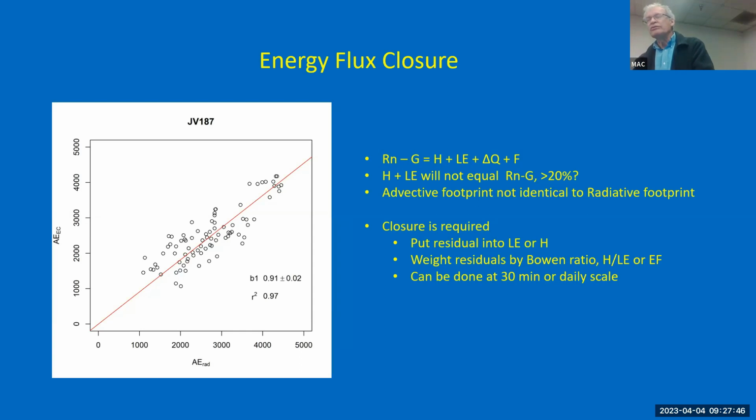Energy flux closure. So here's another pitfall for eddy covariance. No system's perfect. We're assuming four main flux components that get you water use. Net radiation, so it's essentially your solar radiation and your thermal radiation, which is your radiance from the heat from your soil and heat from the atmosphere. What we call G, the soil heat flux, that's the energy that goes into the ground.